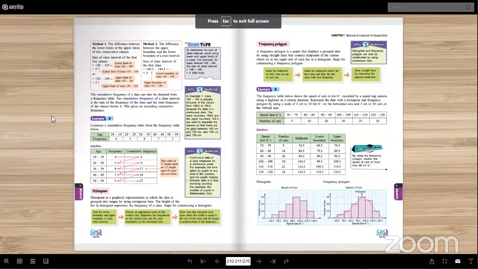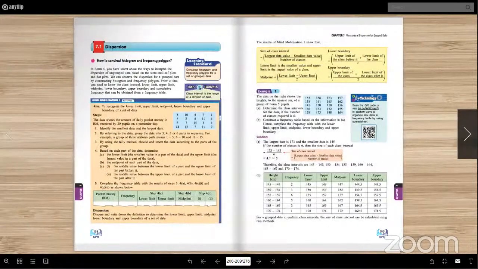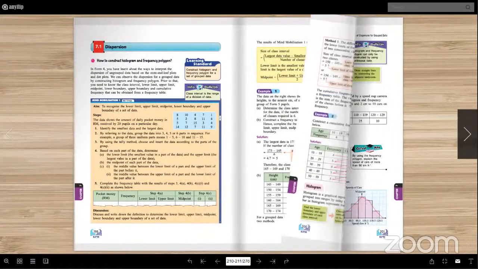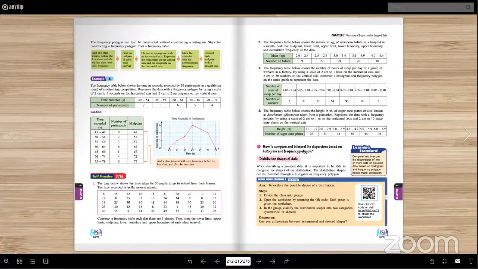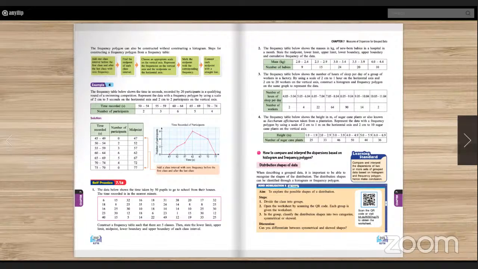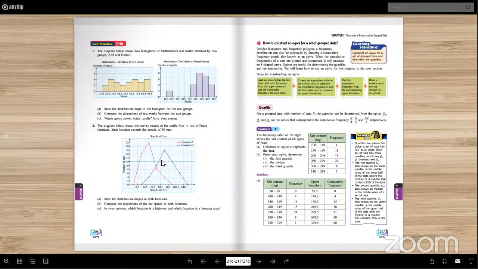The first one we're going to talk about is how to construct a histogram and frequency polygon. I want to ask both of you who are here today, do you want to do this part, the construction and everything, or do you want me to go through it?